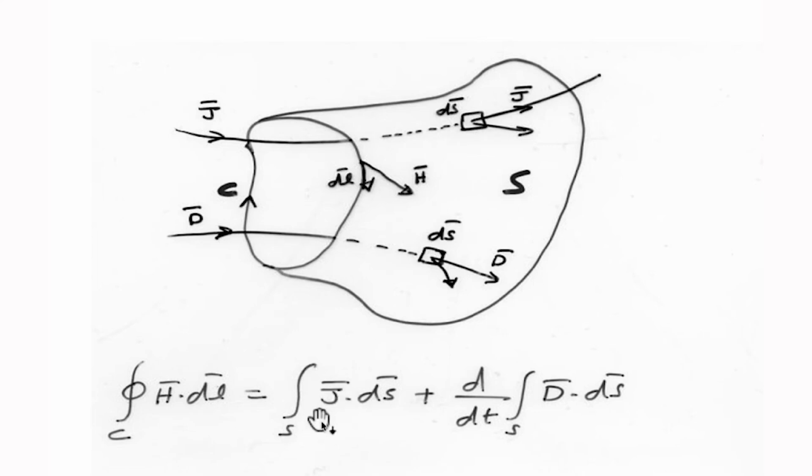So these are the free currents, total free currents coming out of this surface S. Plus, now all the electric flux density is coming out, the vertical component of that multiplied by this small area. Actually, this is the displacement current term in Maxwell's equation. So the rate of change of D dot dS is the displacement current, ID.